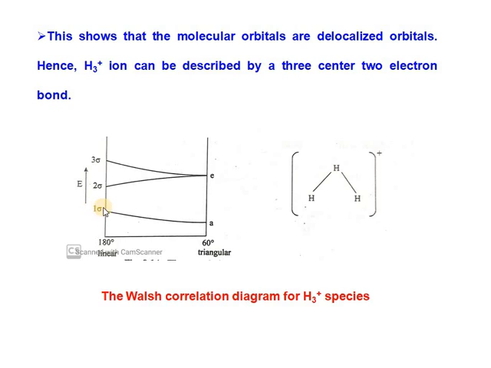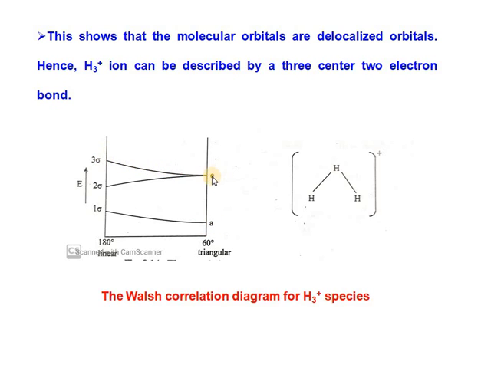The 1s sigma orbitals after bending, the energy decreases like this. But the 2 sigma molecular orbitals sometimes increase in energy and show the character of antibonding molecular orbitals, and the high sigma orbitals decrease.